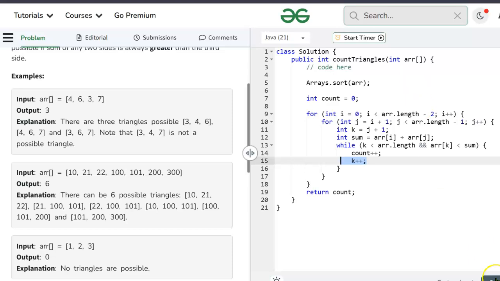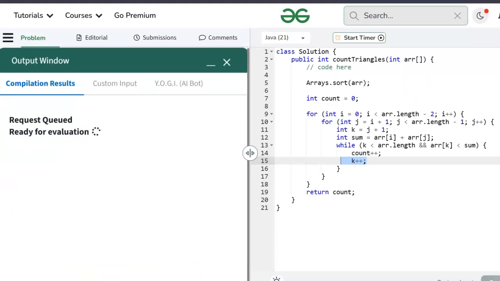So yeah, let's submit it and see what happens.